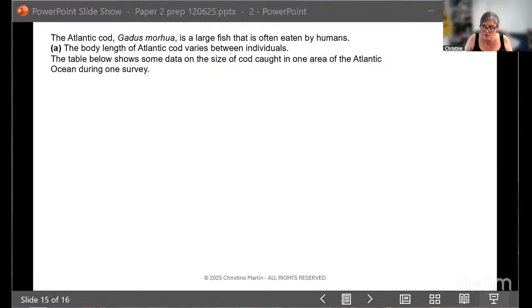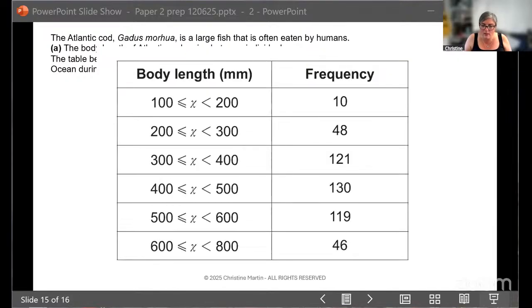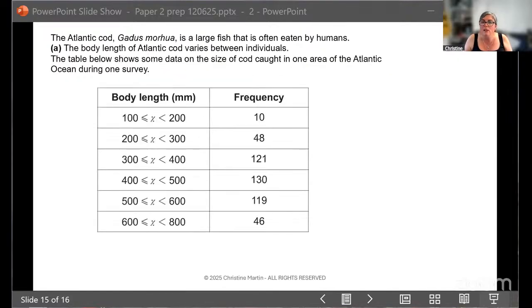Where are we? So this was the question. It was in 2022, and they wanted the students to look at the Atlantic cod and its body length and the frequency of it.